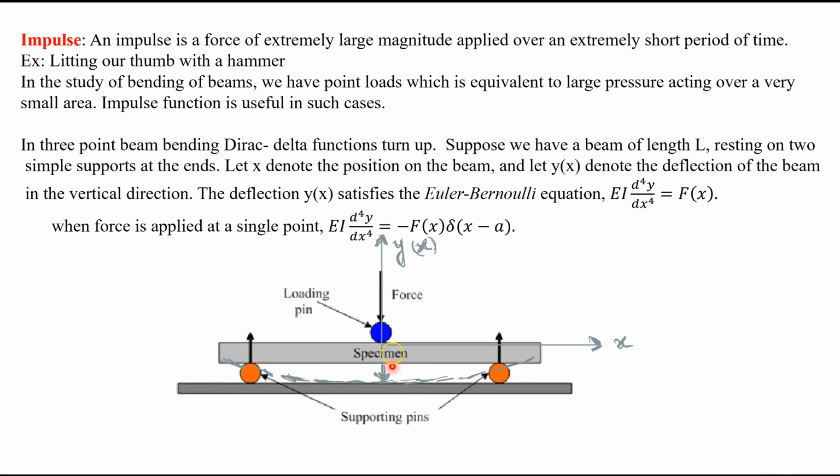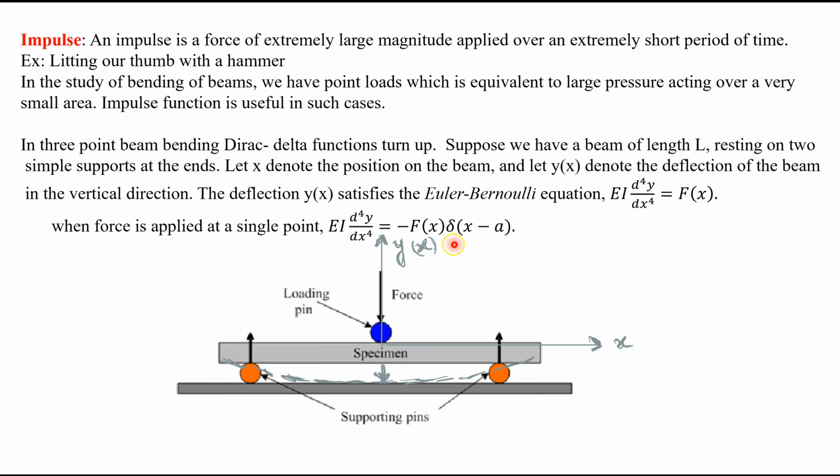This deflection satisfies the Euler-Bernoulli equation, EI d⁴y/dx⁴ = F(x). Here E and I are constants and F(x) is the force. When force is applied at a single point, this force can be indicated by minus F into delta(x minus a).